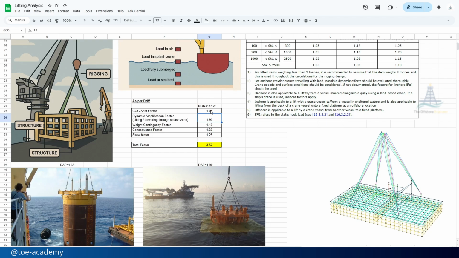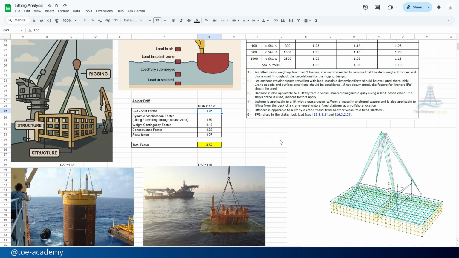Then there is something called the COG shift factor. The COG shift factor is like there is a chance that once we do the design and have the fabrication, the COG can shift anywhere within a certain range. It can be 5% of the total dimension or 10%, based on how conservative the client is asking us to be.